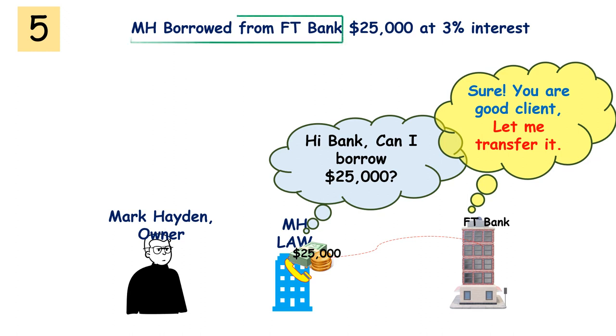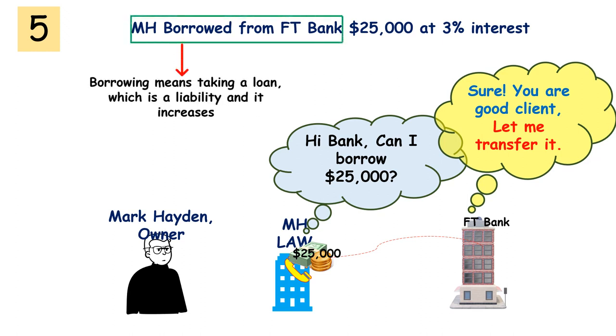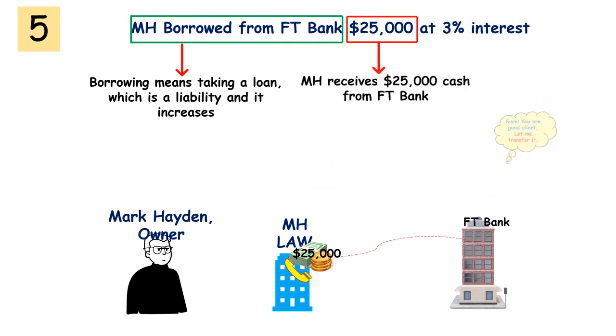But if you analyze the statement on the top, you can see that borrowing means it is a loan, and $25,000 is received because of the loan, so it's cash. Now we identified that loan liability is involved and cash, which is an asset, is involved.